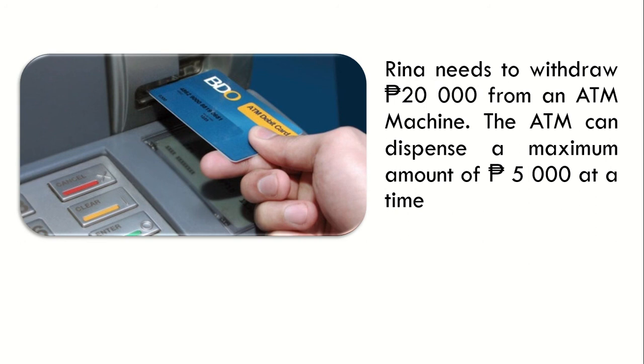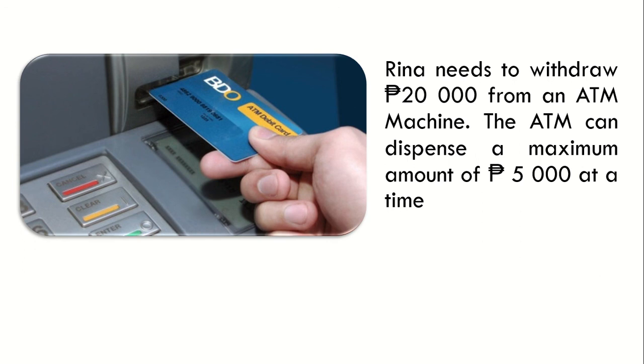When we say dispense, the machine can give you or provide you or release a certain amount. So it says that a maximum of 5,000 pesos only at a time. So if it exceeds more, then the machine will not release any amount. So that means you have to deal with the 5,000.